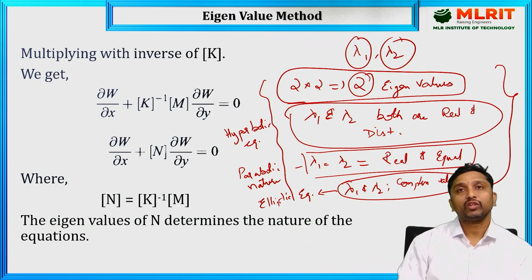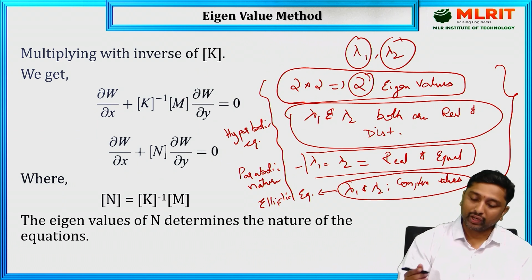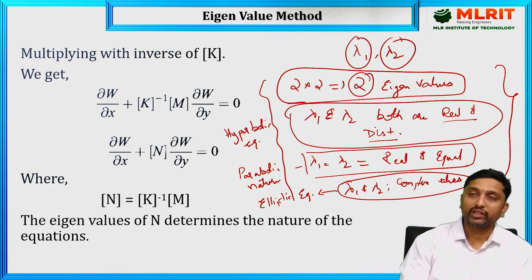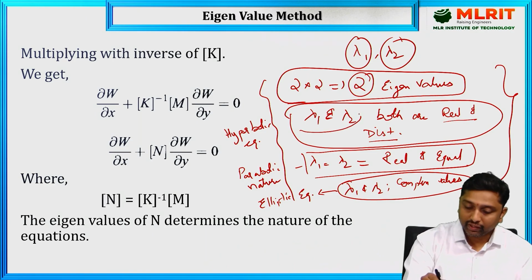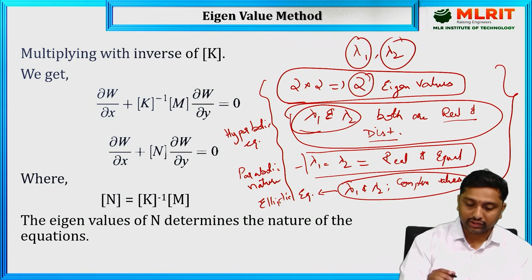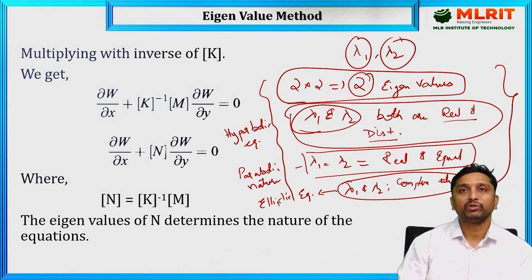Similar to Cramer's rule, which we applied earlier, these also have similar characteristics: if real and distinct roots are there, we have a hyperbolic equation. Here we define those roots with the eigenvalues. That is a major difference, along with a slight difference in approach: Cramer's rule requires an additional set of equations and a 4x4 matrix to solve.